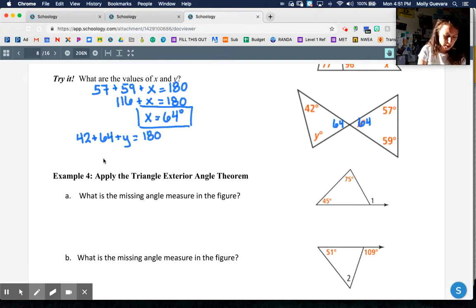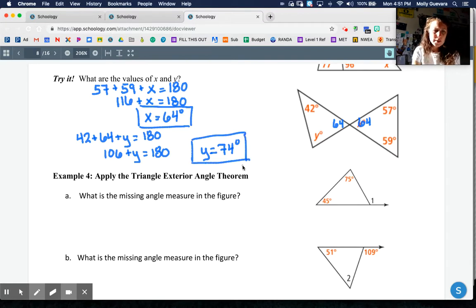Okay, so 42 plus 64 is 106. 106 plus y equals 180. Subtract 106 from both sides, and I get y is 74 degrees. And that's it. We're kind of cruising.